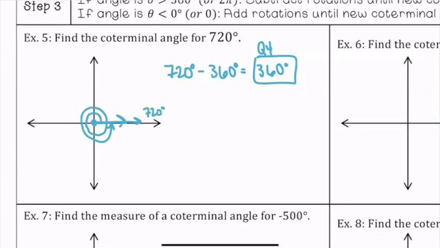If you wanted to graph just the coterminal angle of 360, I would put my initial side in the same spot and go around once. That would be the coterminal angle of 360. So you can see it looks exactly the same, but it has less rotation. That's the difference, but it ends in the same spot. They both end on the positive x-axis.